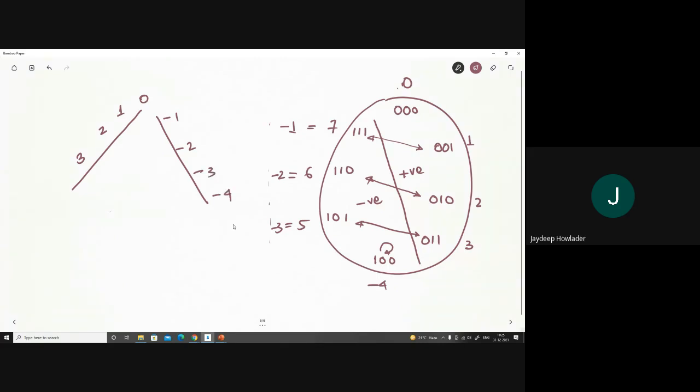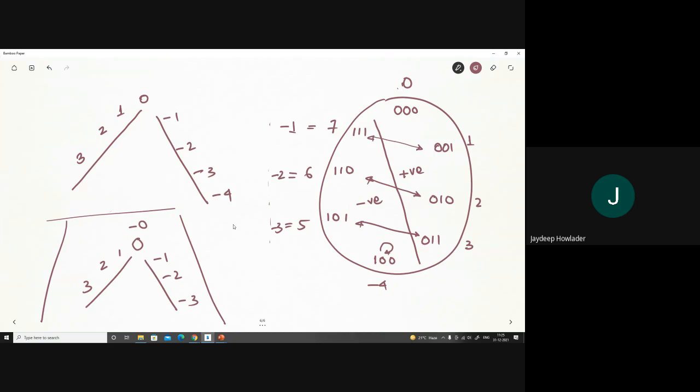We will consider the 4 after some time, but just try to understand that in my previous case, I have 0, 1, 2, 3, and then -0, -1, -2, and -3. Now, if we move to the complement concept, 1 has its complement represented as -1.